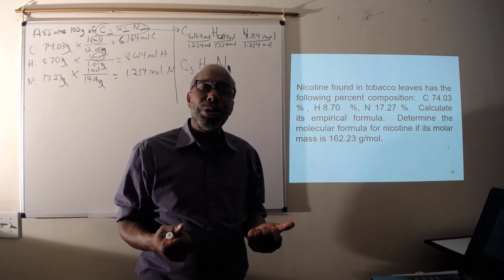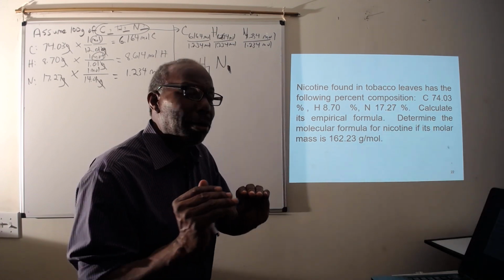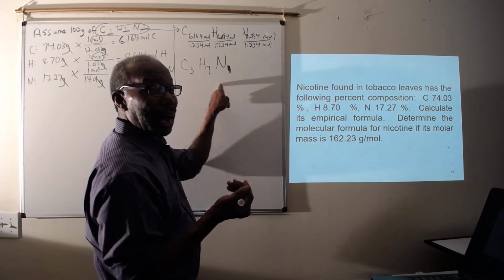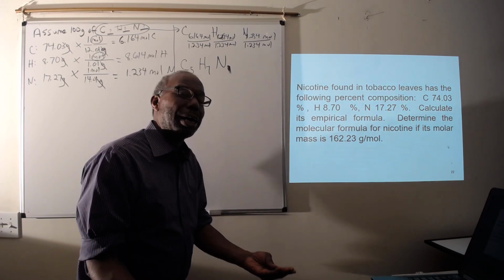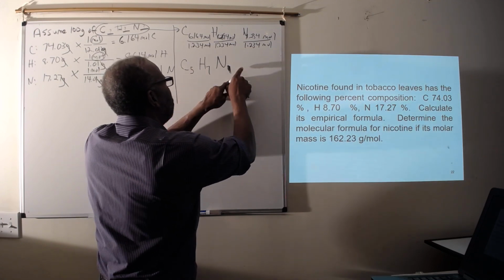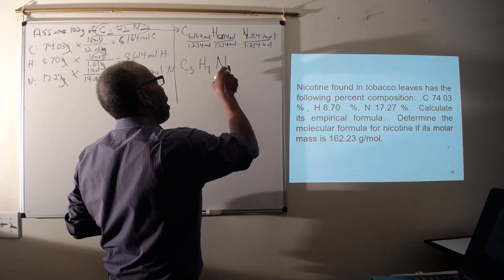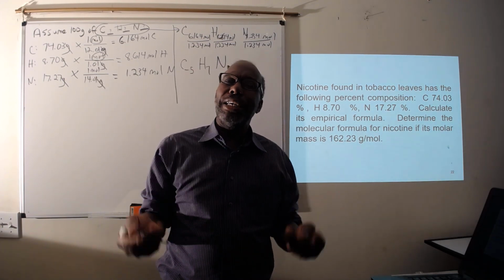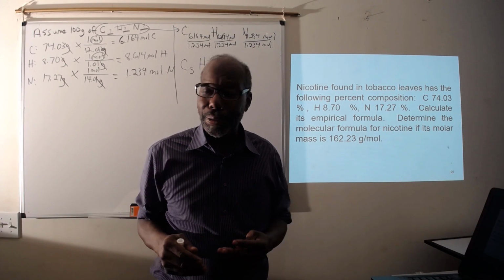So in this particular case, we lucked out. But if we had a 1.5, we have to multiply each of these by 2. So that will be 3, that will be 14, and that will be 10. But in this particular case, luckily, we don't have to do that.